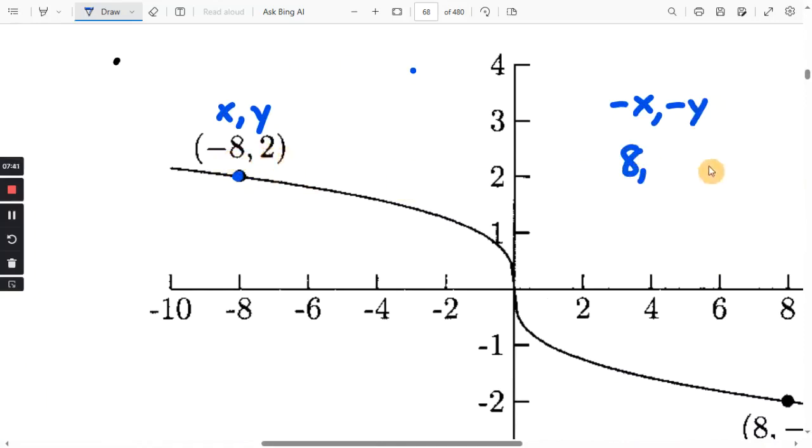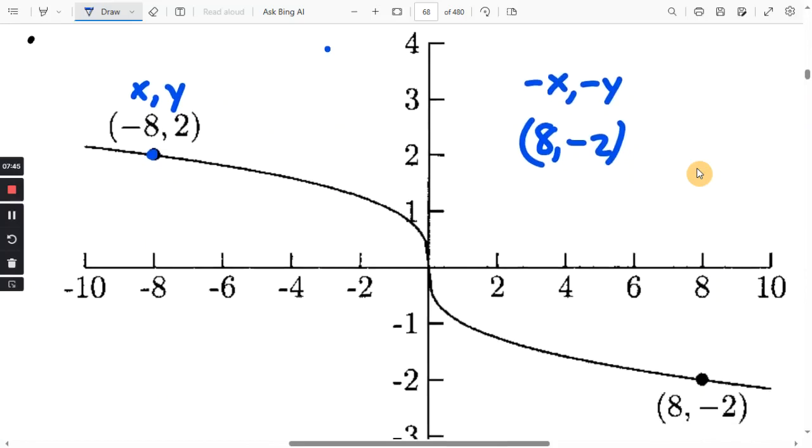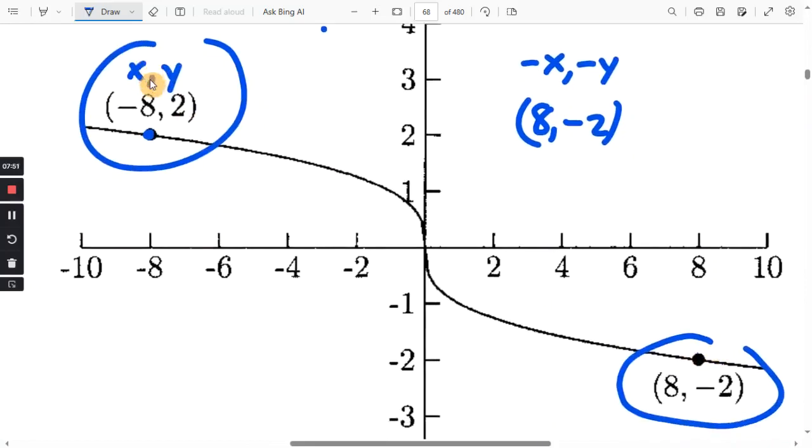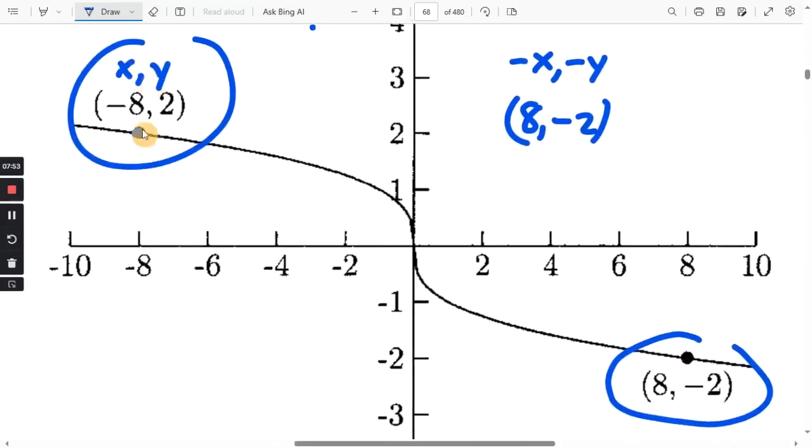Change the sign on that, you would have negative 2. And as you can see, we have that right here. So you change the sign on both the x and y coordinates of a point that's on the graph, and you'll have another point that's on the graph. That's another way to prove origin symmetry.